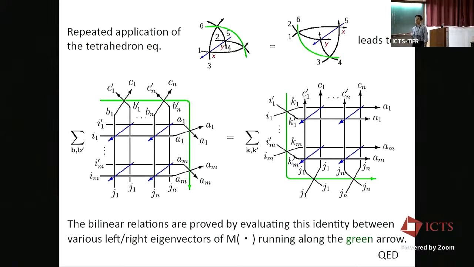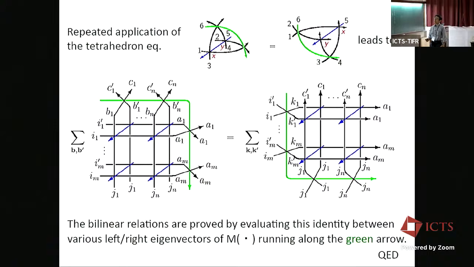That's the product of Tx and Ty. But I introduce the extra wire, the green arrows here, and make some of the arrows cross in this manner. And what's the use of this?